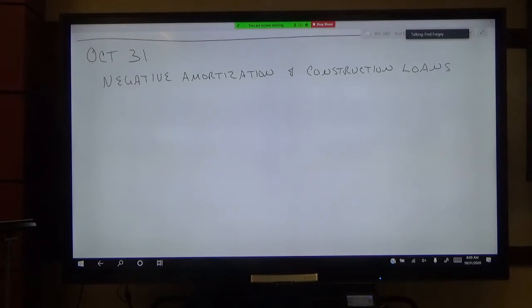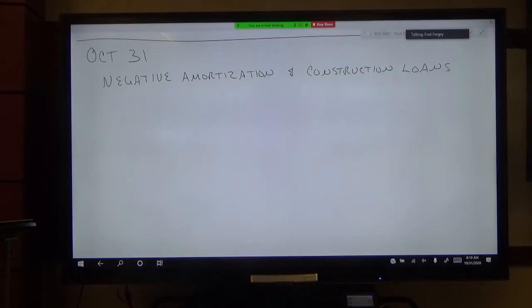Okay, so this is different than most loans you are probably familiar with, like car loans and home loans, where you get a big lump sum, you buy an asset, and you make payments for a certain number of months or years. With the construction loan, as I said, it's much more like a credit card. If you don't use it, then you don't have to pay, okay?